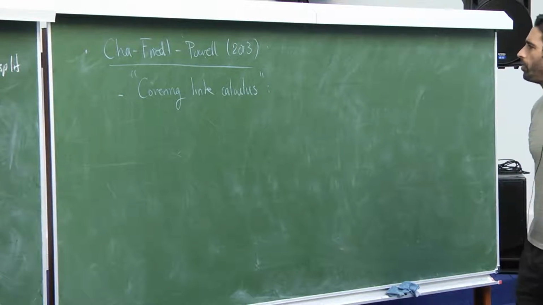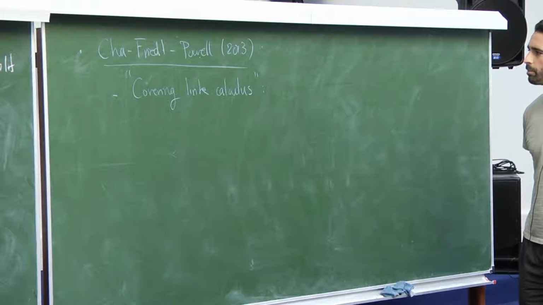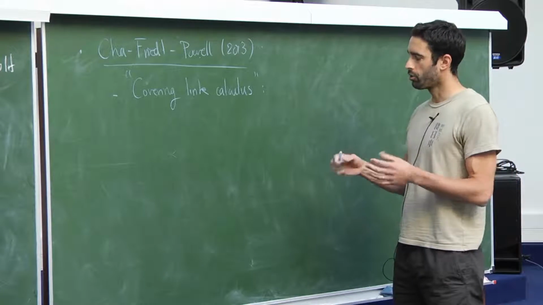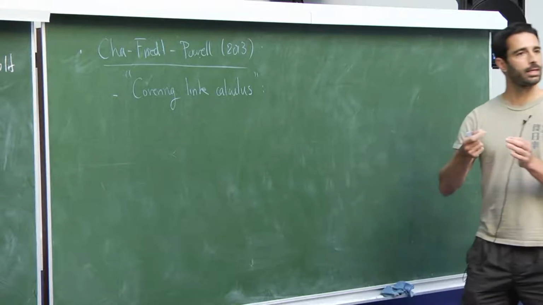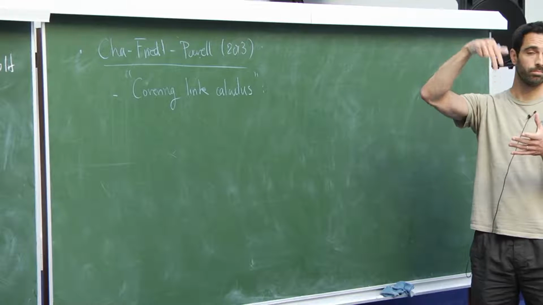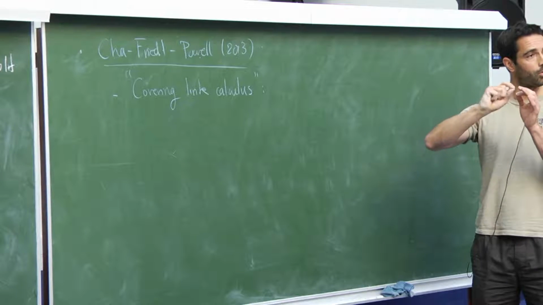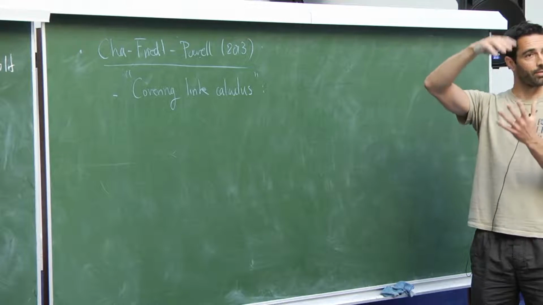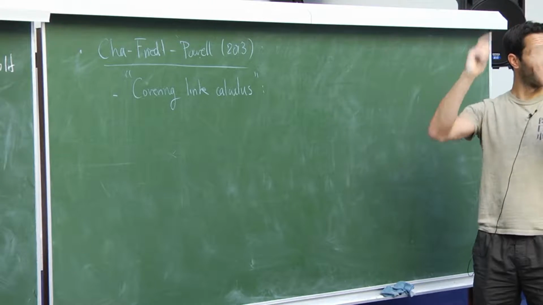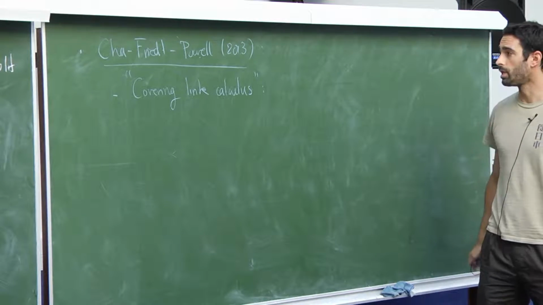I don't know if you know a little bit about this technique, but basically the idea is to take one of the components of the link and then to consider a branched cover, maybe a twice branched cover over this component, and then you look at the inverse image of the rest of the link in the new manifold.